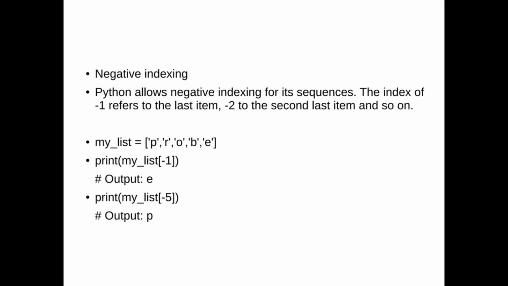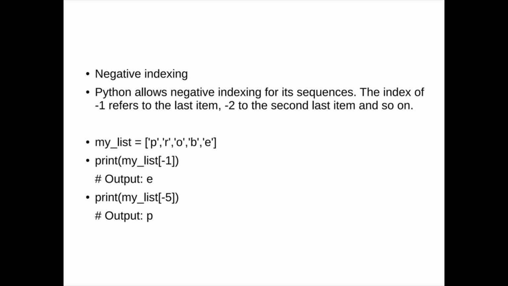Here the list is assigned as my list of PROBE. So the 5 elements are assigned in the list and represented as -1, -2, -3, -4, and -5. Each and every value is assigned a negative indexing value.